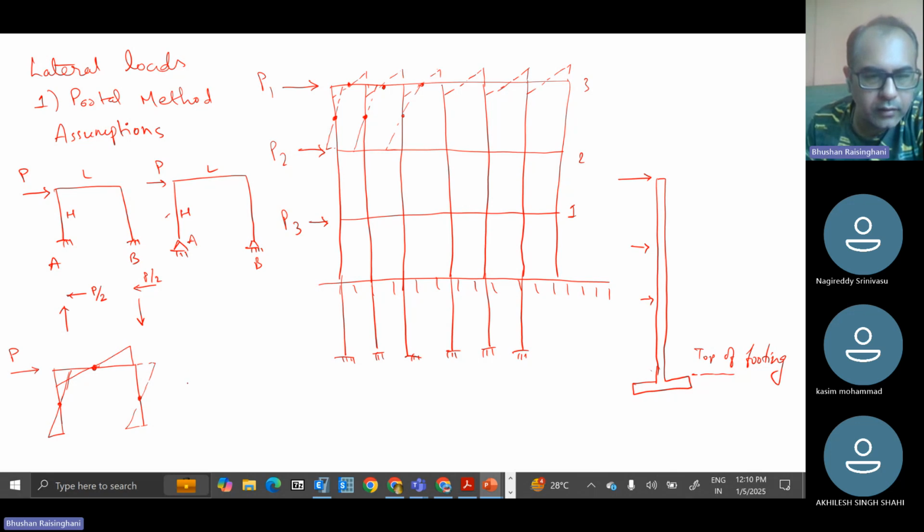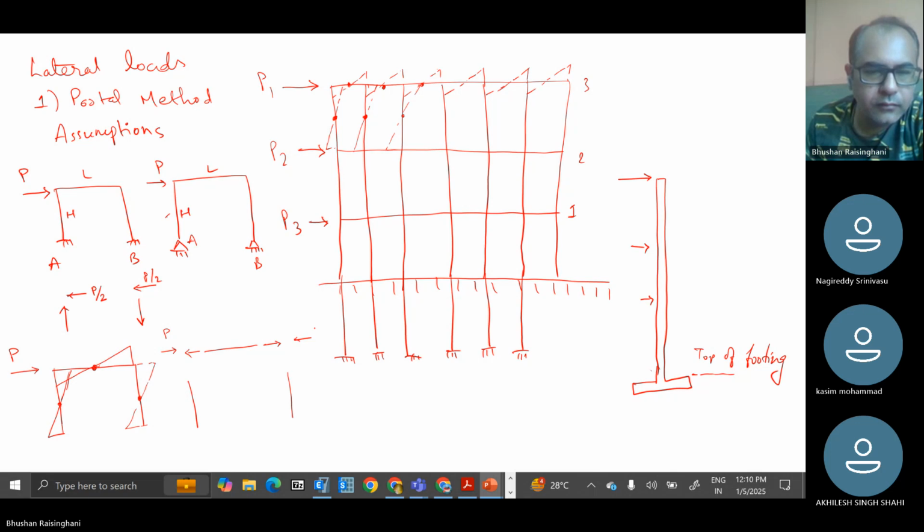Now I divide this into the free body diagram. I hope you will be able to understand it in a better way. When the force was applied as P, there will be a reaction like this in your beams.